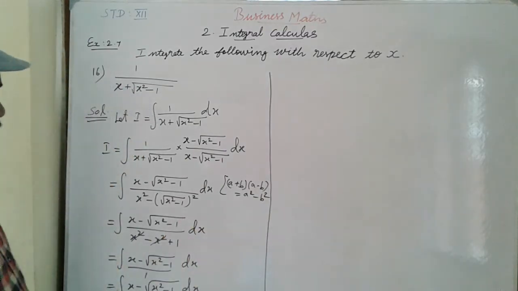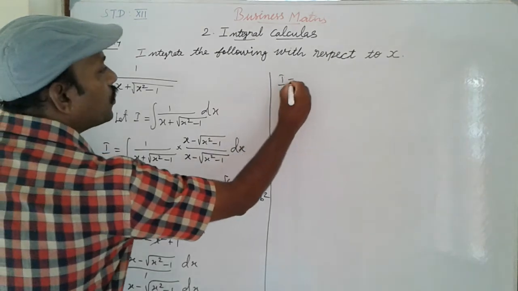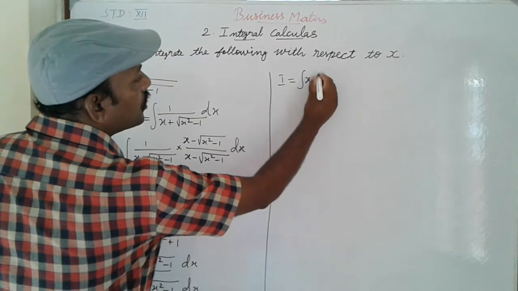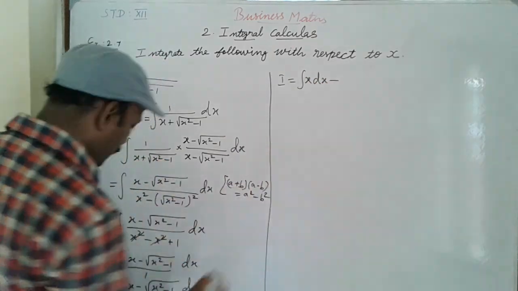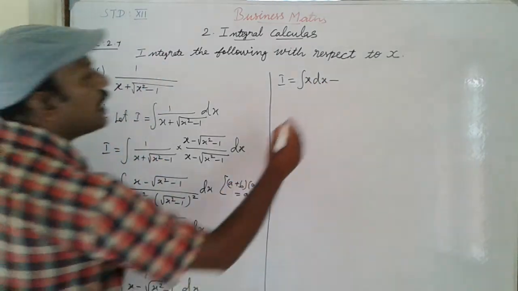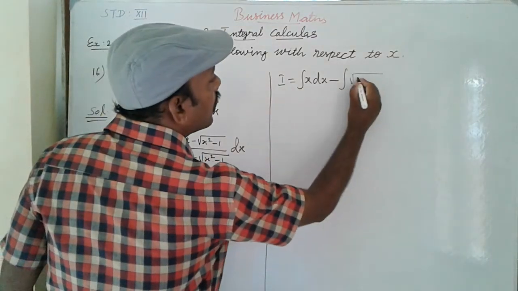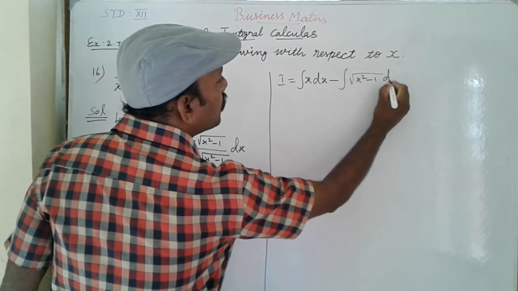Next we should separate this integral. I equal to integral x into dx minus integral root of x square minus 1 into dx.